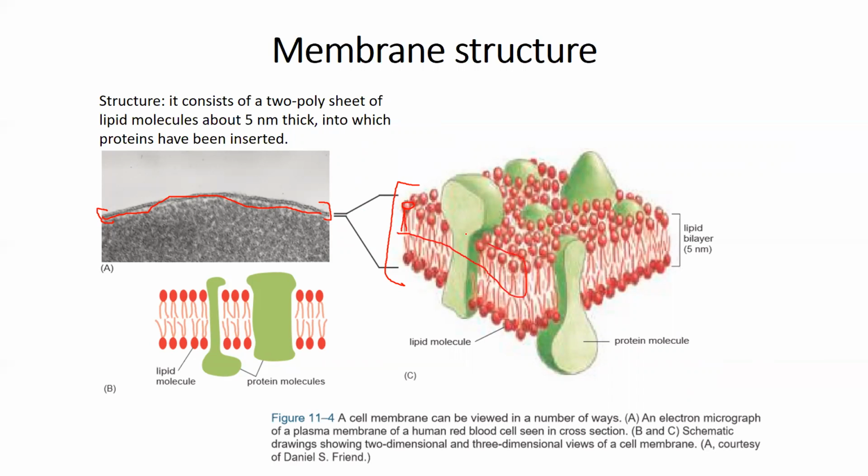This is sheet 1, and this is sheet 2. Within the membrane we have embedded proteins, which you can see here in green. So it consists mostly of lipid molecules as well as proteins.